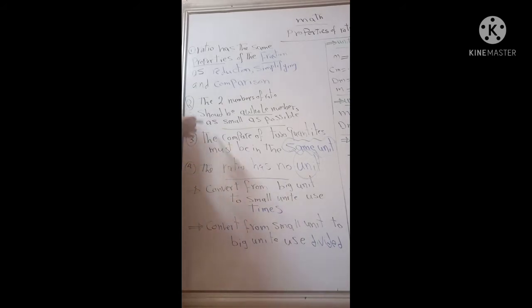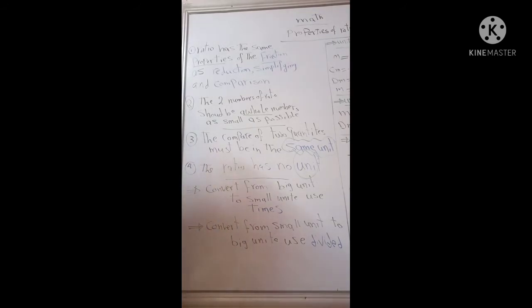Again, to find the ratio between any two numbers or quantities, we must put the two in the same unit. To convert from big unit to small unit, we use times, and from small unit to big unit, we use divided.